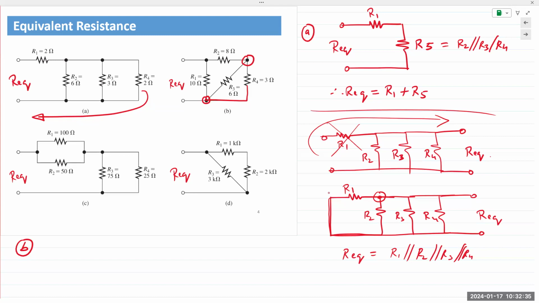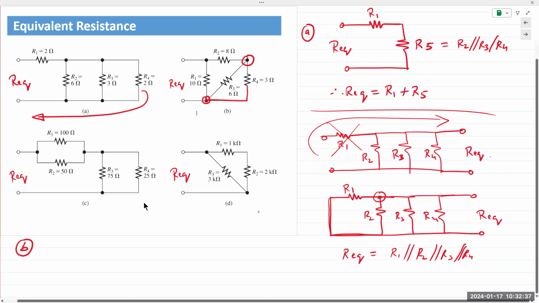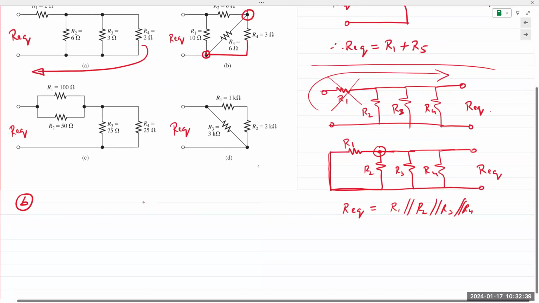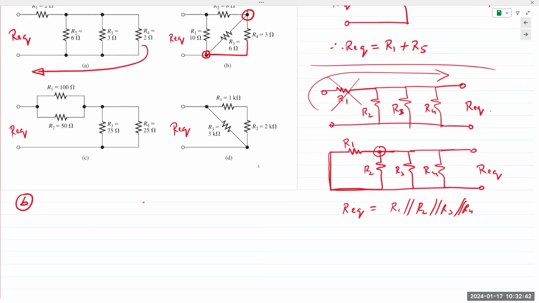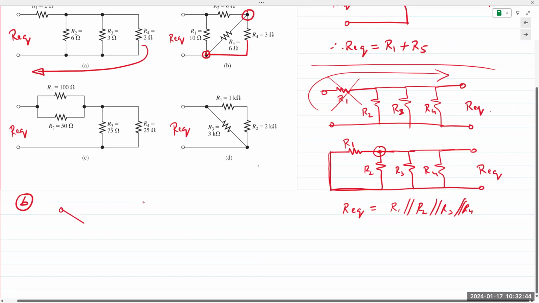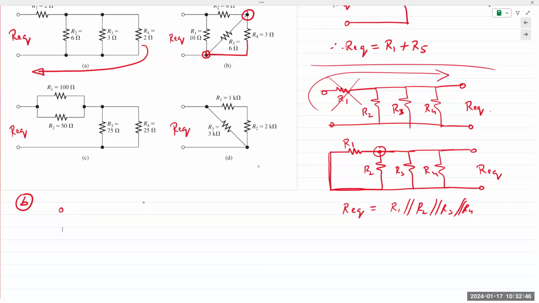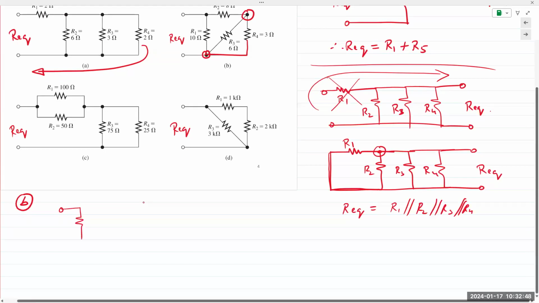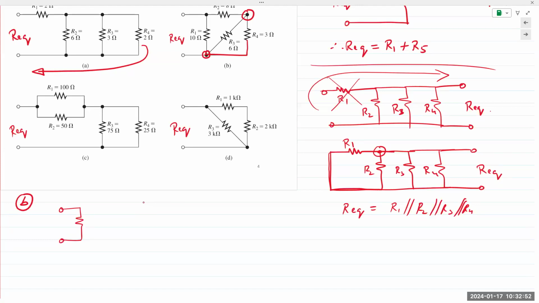So in B, what I like to do, if you see something like this, is you stretch out the node. Remember, in theoretical circuit analysis, a dot is the same as a small dash, is the same as a small line, is the exact same as a very long line, right? So a tiny dot is the same thing as a very long line.